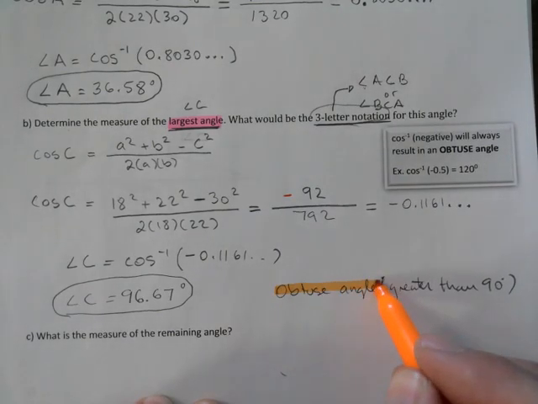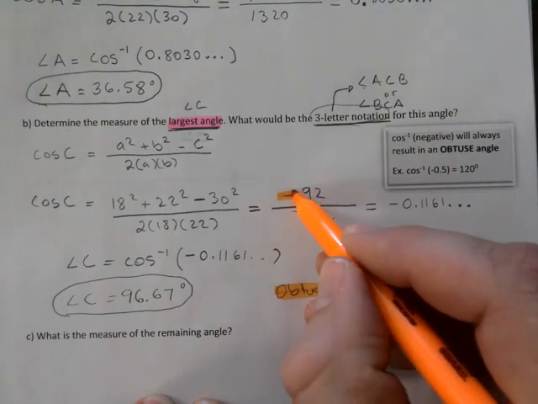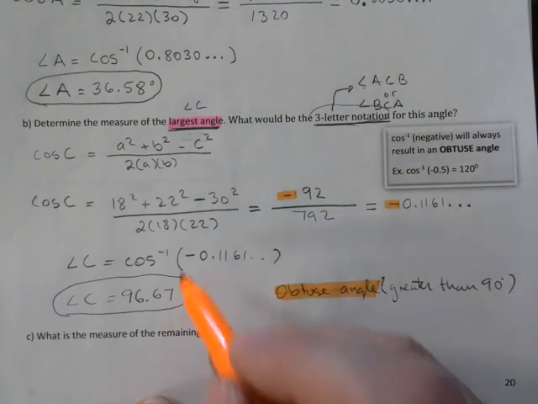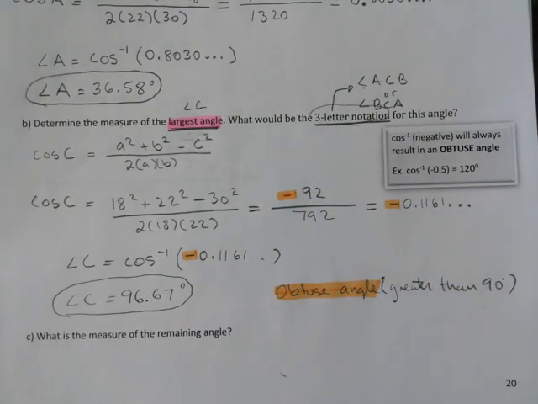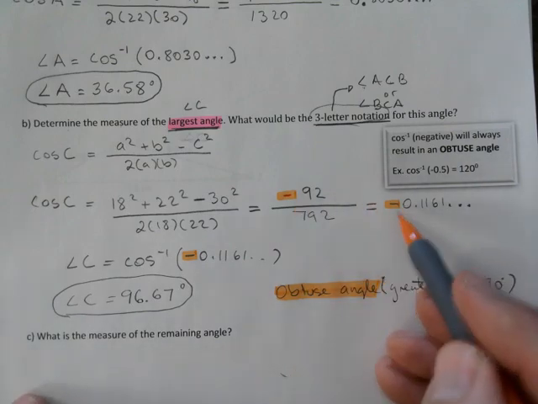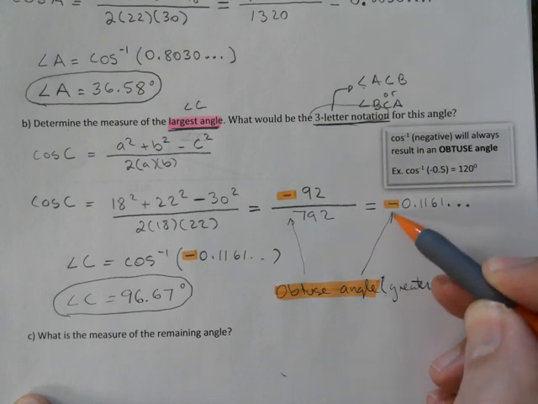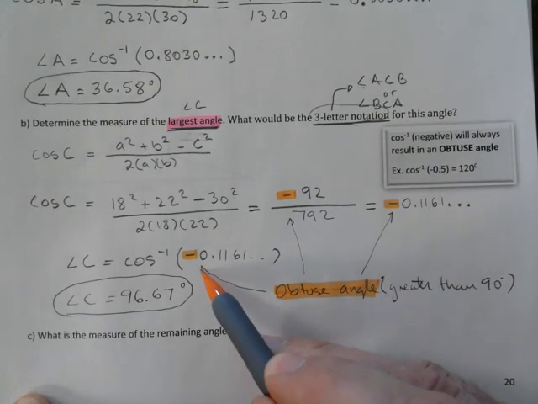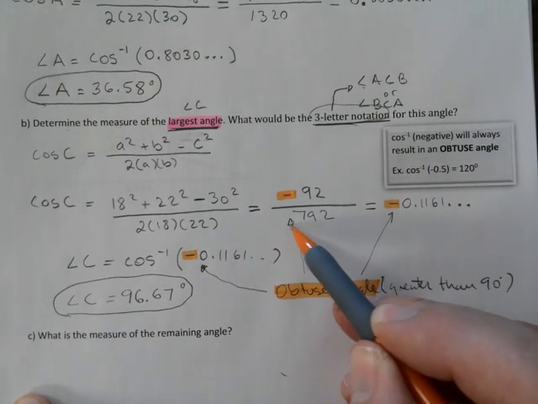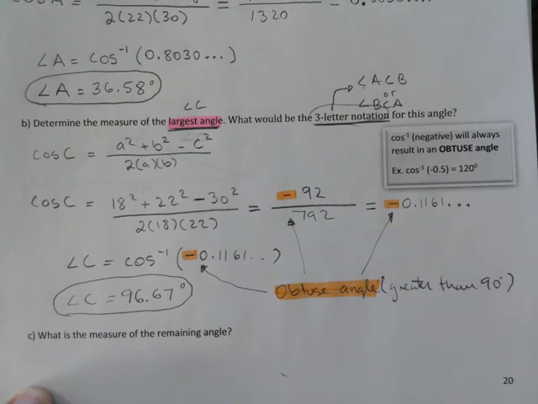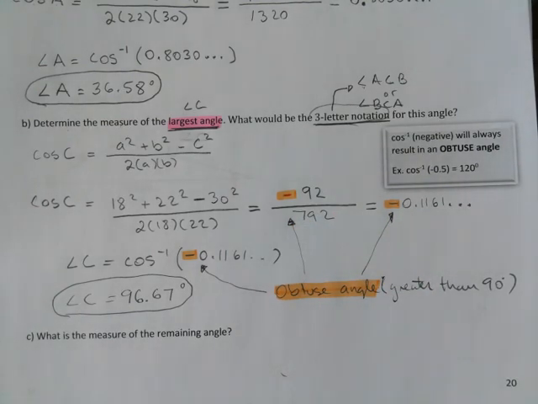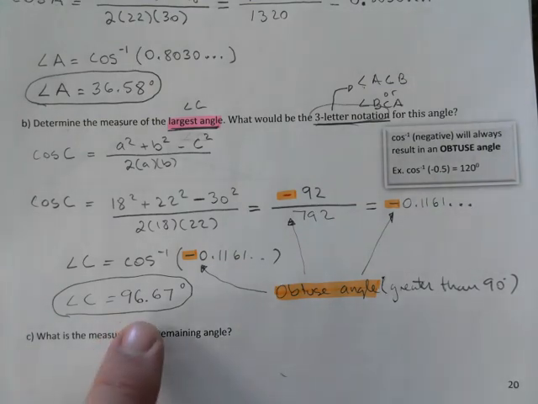So the obtuse angle here came from that negative. The negative kind of followed through everywhere, okay? So do not forget about that negative. You're going to lose a full mark if you forget that one. If you just drop it, your answer will not be an obtuse angle.